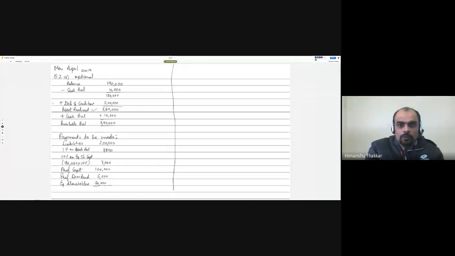Total of all the payments is 3 lakh 86,800.